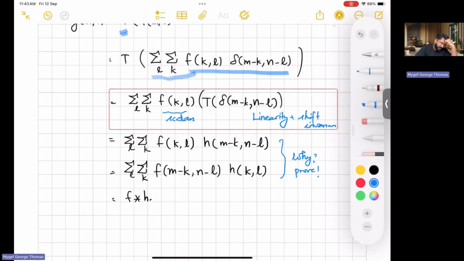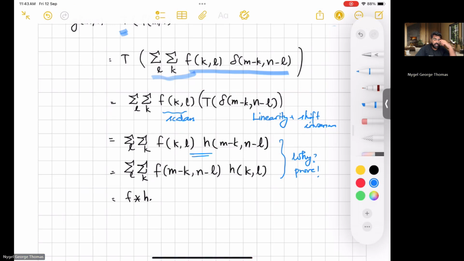So this is basically what you get. What is this? This is basically the convolution equation for 2D convolution in the discrete setting. So you can write this as f convolution h, and you also know that if you interchange the functions, the convolution does not change. Like f convolution h is the same as h convolution f.